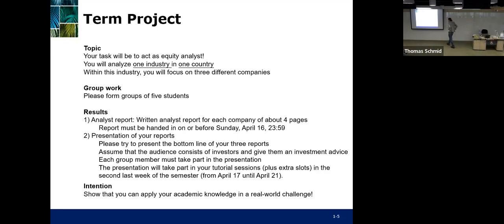For the presentation, there are not a lot of rules, but one thing I really want to make sure is that every group member participates in the presentation. Okay? Another way of saying that is, I want to hear the voice of every student at least once in the semester.